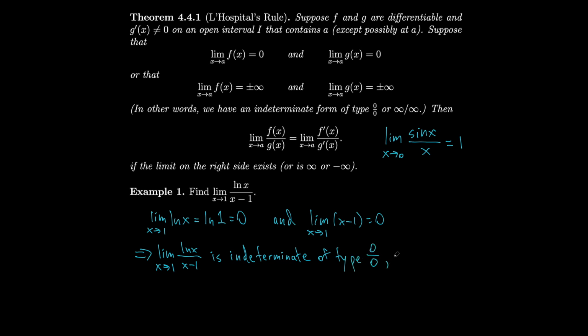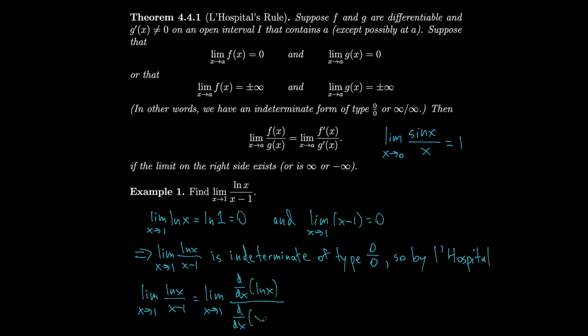Because it's 0 over 0, we can use L'Hopital. So by L'Hopital, we can rewrite the limit. Our limit, ln x over x minus 1, becomes the limit of the derivatives: the derivative of ln x over the derivative of x minus 1.